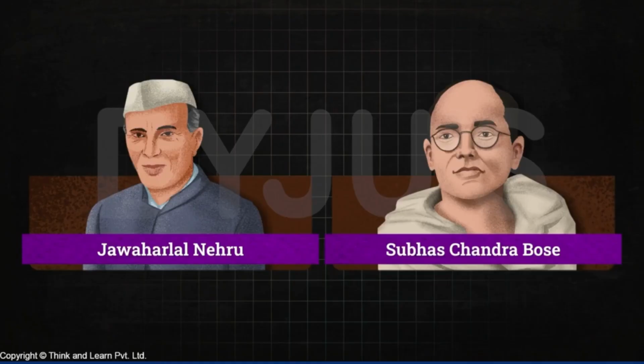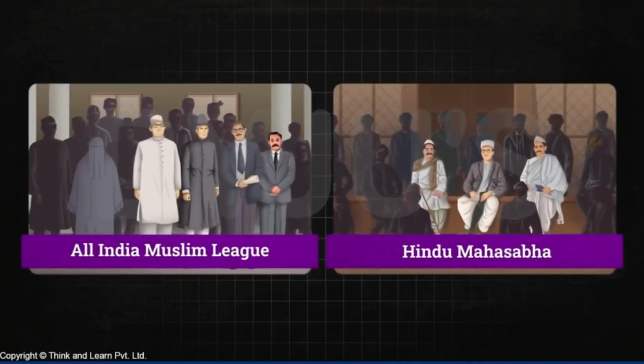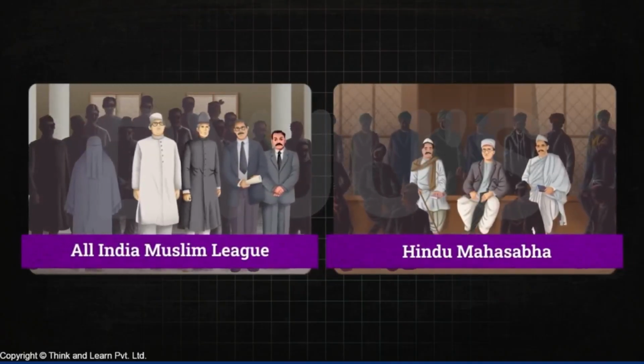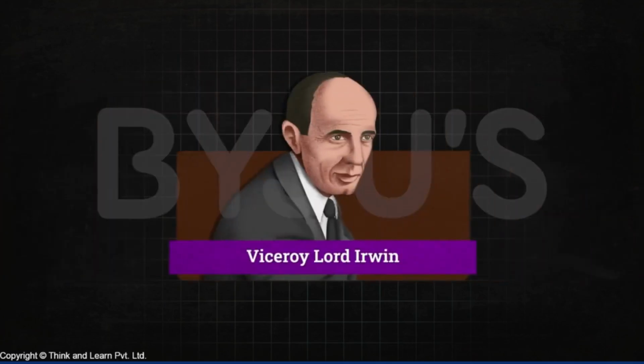They wanted to demand Purna Swaraj, while the Muslim League, Hindu Mahasabha and Sikh communalists disapproved this particular report on different grounds. But Viceroy Lord Irwin disregarded their demands.